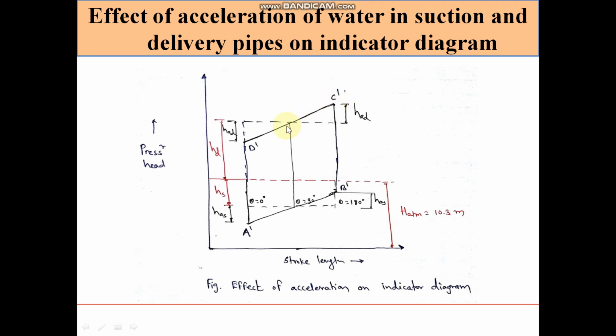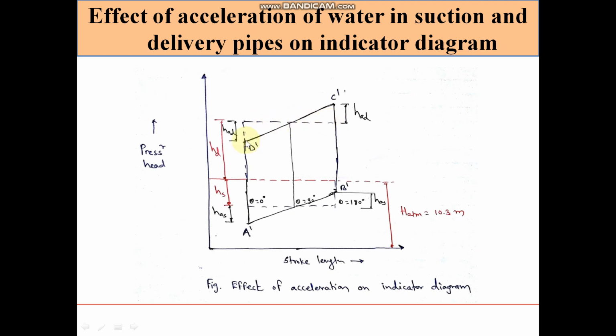At the middle of delivery stroke theta is 90, therefore acceleration head becomes 0. Therefore the delivery stroke at the middle is going to intersect the ideal delivery stroke.